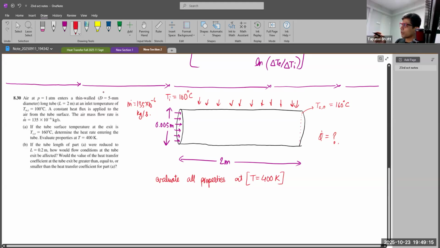Usually they would give you a specific temperature, and you use that temperature to calculate the properties of air or whatever fluid you have. Just in case they do not provide it, there is a separate way to calculate the mean temperature inside the tube, and based on that you calculate the properties. I don't think I have a problem in the current set which discusses that, but just in case it pops up, I'll discuss it.